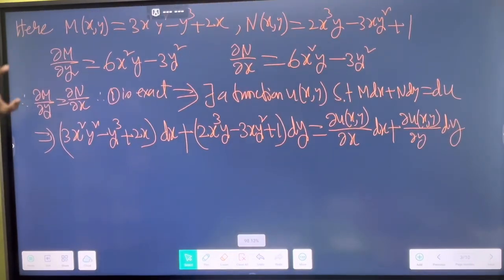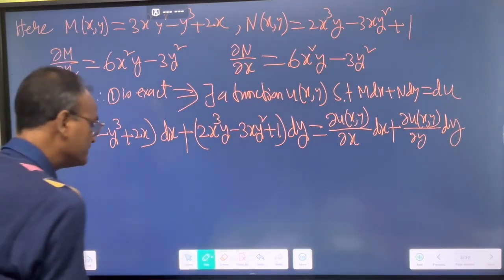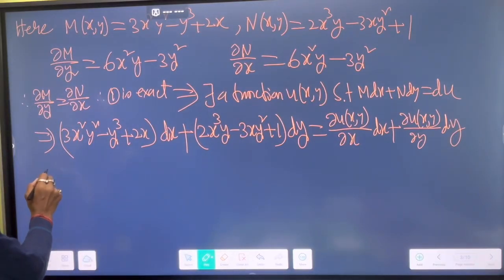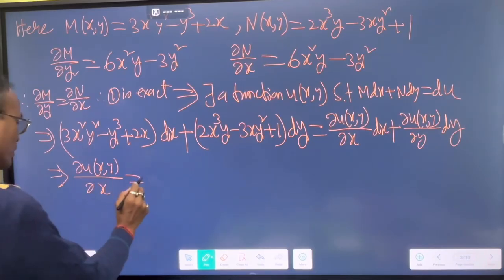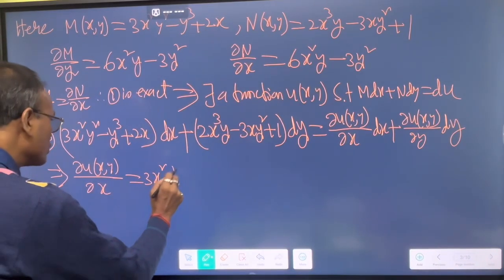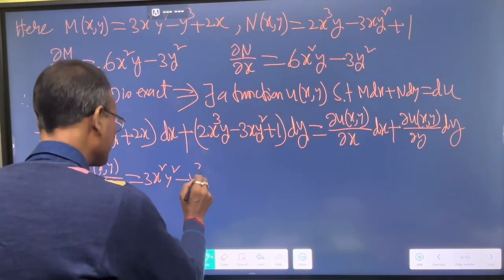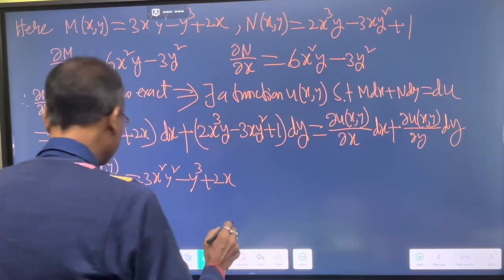This means del u by del x equals thrice x square y square minus y cube plus twice x.